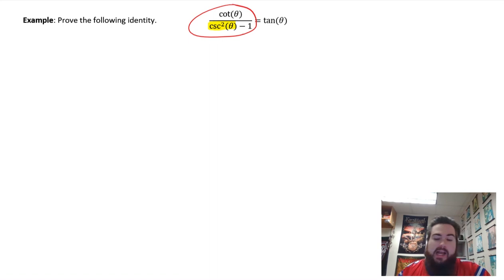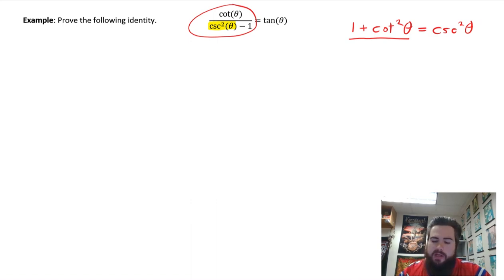The Pythagorean identity I'm going to apply in this case is one of the basic Pythagorean identities given in this section. We have that 1 plus cotangent squared of theta is equal to cosecant squared of theta. Now, I can use this to replace cosecant squared of theta with the phrase 1 plus cotangent squared of theta.